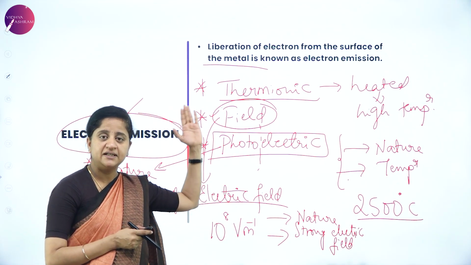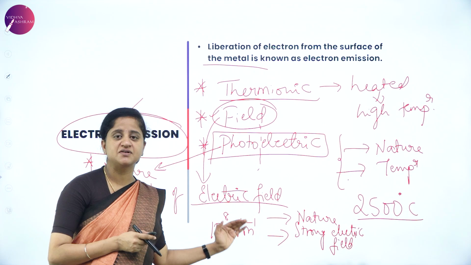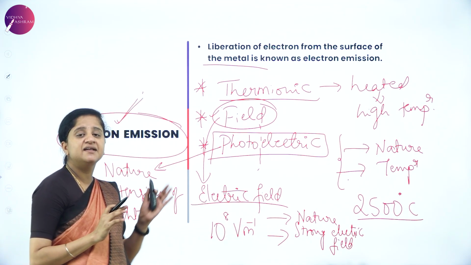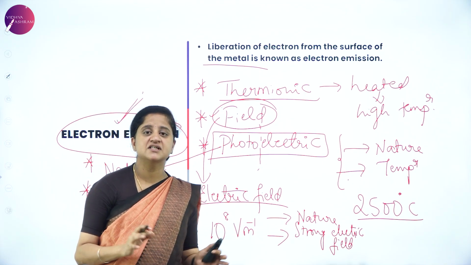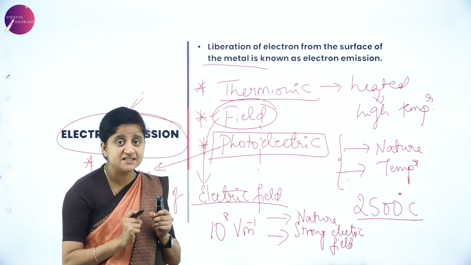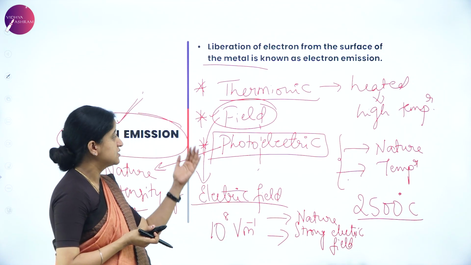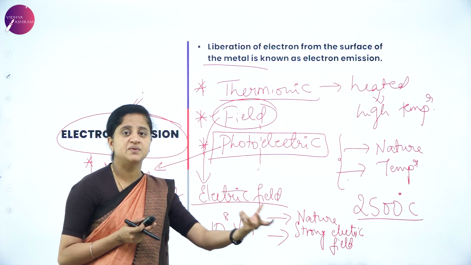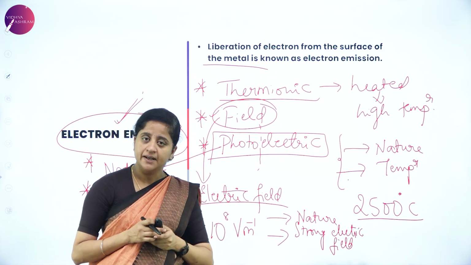These are very important concepts when it comes to electron emission. Basically, we can say that the electrons can liberate from the metal surface when they gain energy from an external source. So these are the three types of electron emission based on the source we give to the electrons to come out of the metal surface.